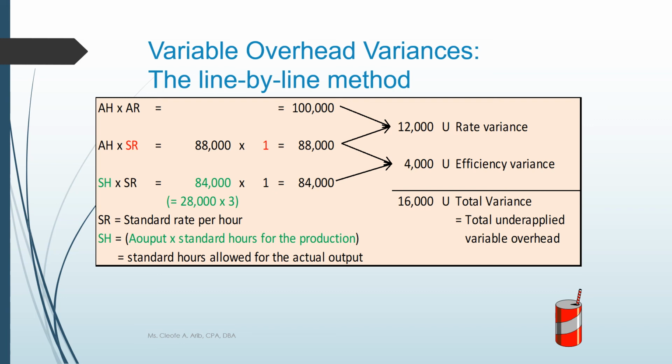The standard rate is your predetermined overhead rate. So that gives us an efficiency variance of $4,000 unfavorable. So dalawang unfavorable yan, so we will add to get your total variance of 16,000. 12,000 unfavorable for rate and another 4,000 unfavorable from your efficiency. That gives us a total variable overhead variance of 16,000 unfavorable.